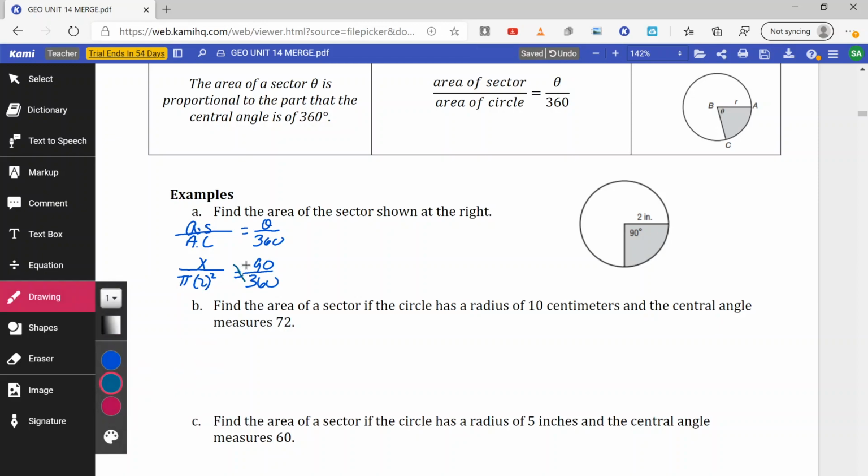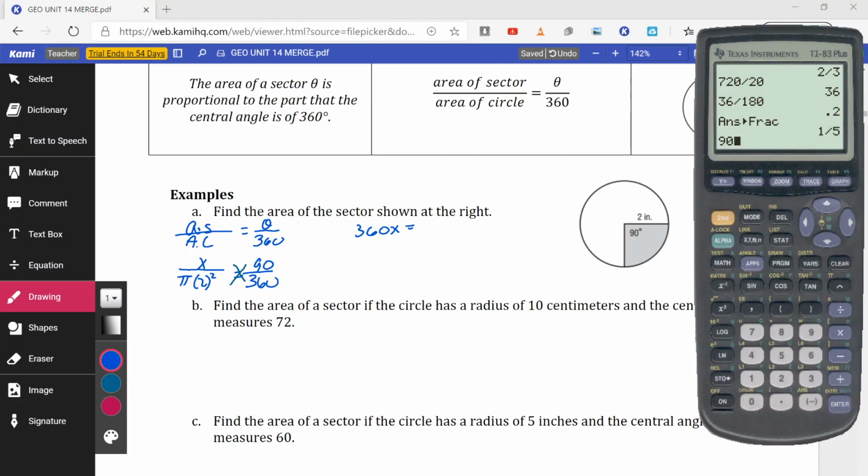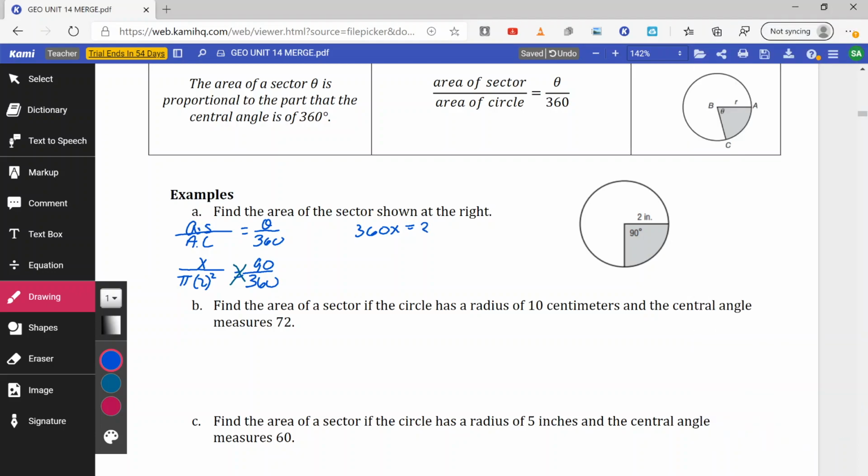So again, just like before, we cross multiply, so we end up with 360x equals, and then 90 times 2 squared is 360, so 360 pi, divide by 360.